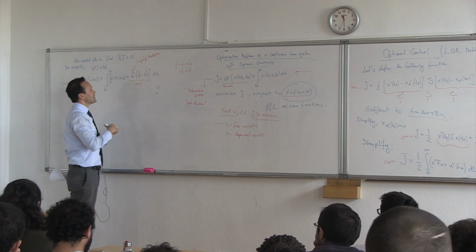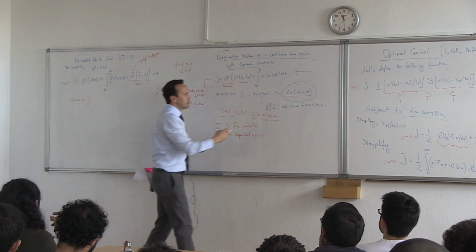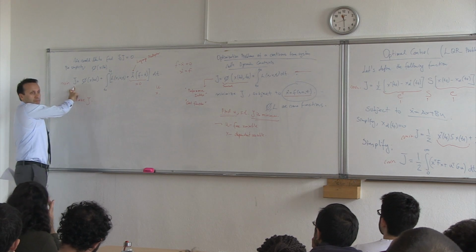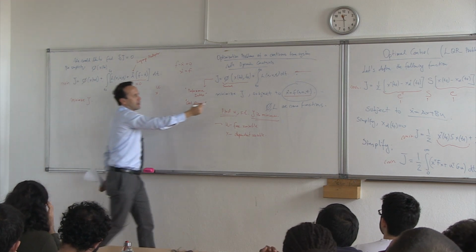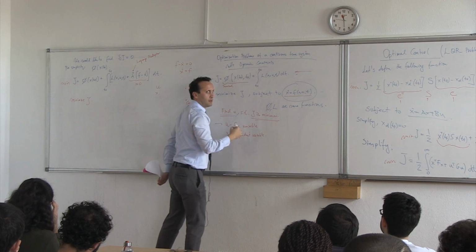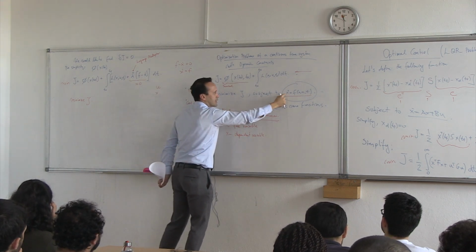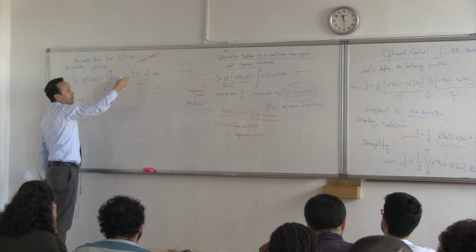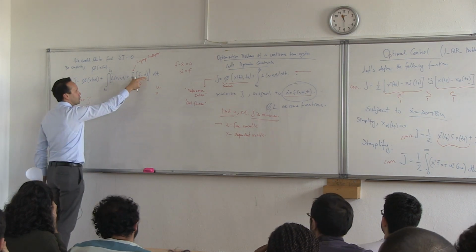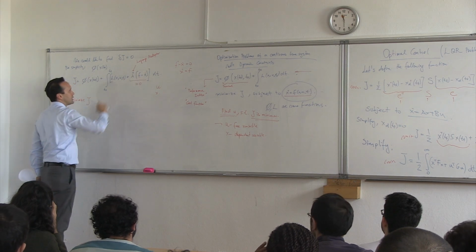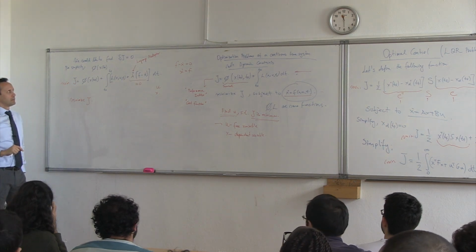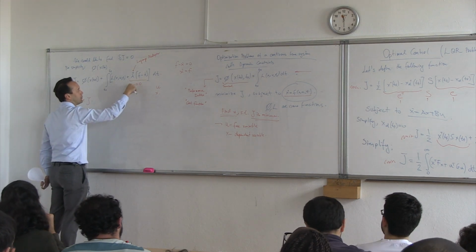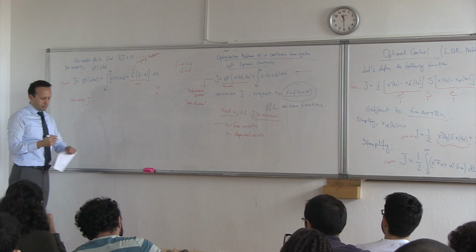And this is how we include the dynamic constraints in our optimization problem. I somehow have to connect this with this. The way we connect is we take this x dot minus f, add it into the problem, and then minimize this one. Now this part is in my optimization problem. It is almost like adding a 0 to the problem with something called a Lagrange multiplier.